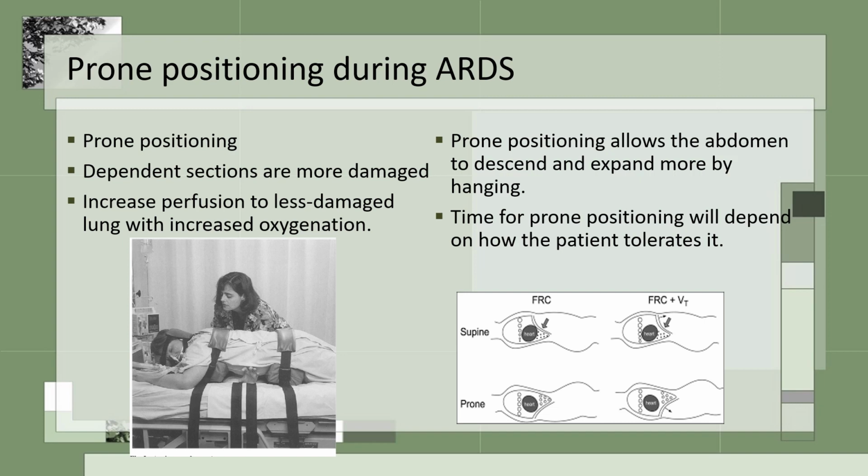And so you place the patient on their abdomen with pillows or positioners that help the belly to hang down, kind of between the 2 positioners, and this will allow for the lungs to expand even further and increase your oxygenation. I have some pictures at the bottom.